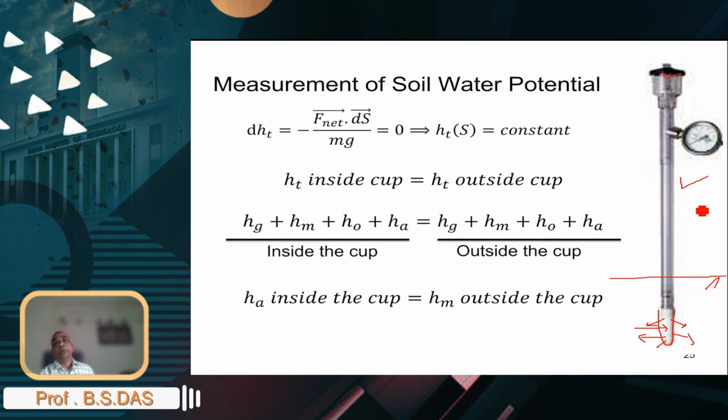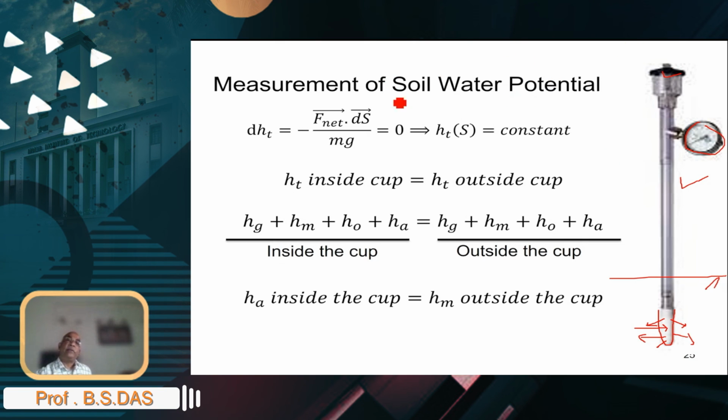That vacuum you can measure, maybe with a vacuum gauge, or a manometer, or some kind of pressure transducer, so that you can measure it electronically. And so this device helps us measure the matric potential, or the interaction between water and soil, at an equilibrium condition. And this is how it is done.